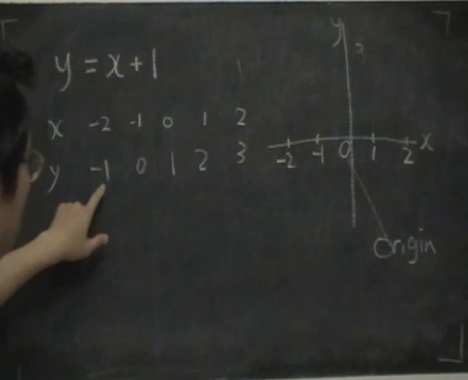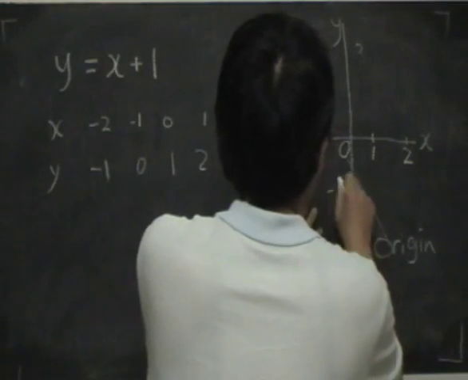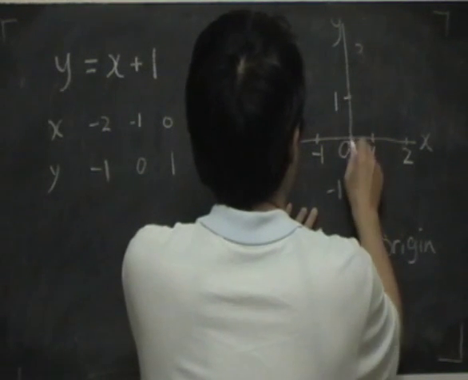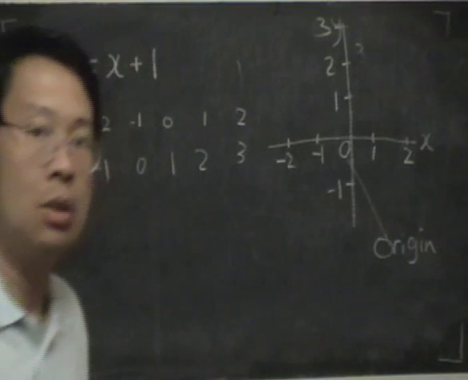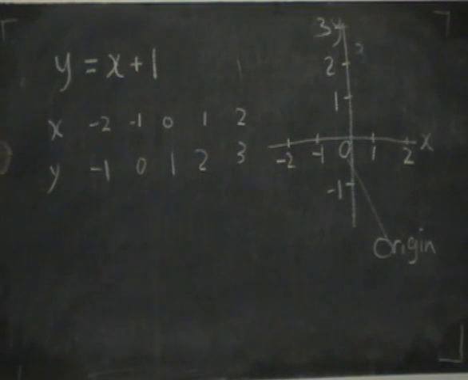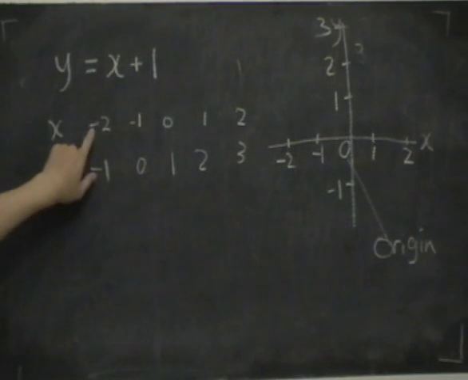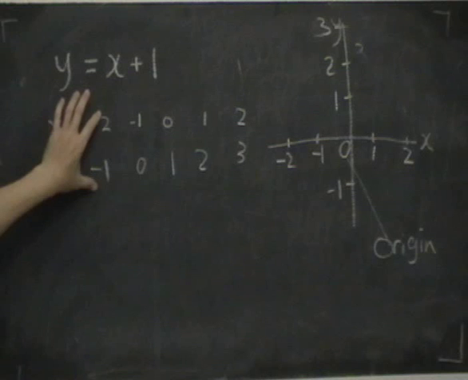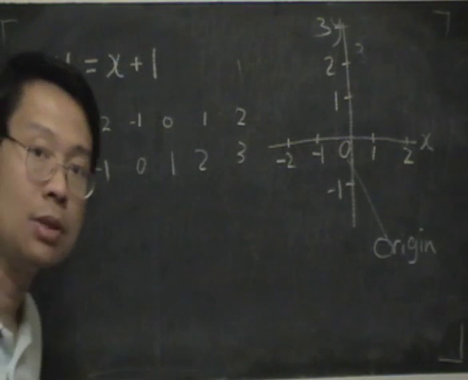And y goes from minus 1 to 3. Mark that out. Minus 1, 0, 1, 2, 3. So I have my marks there. Now, let's make the points. Like before, we have this set of numbers, minus 2, minus 1.